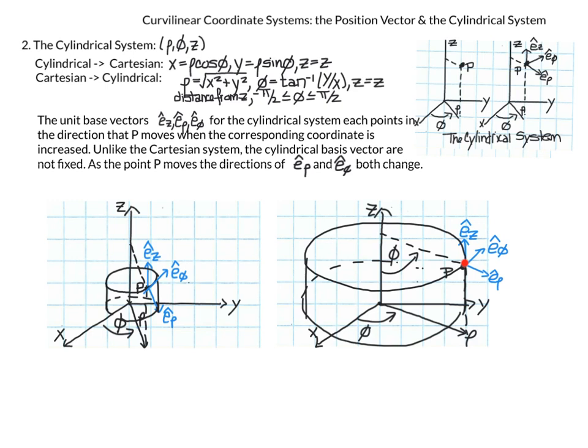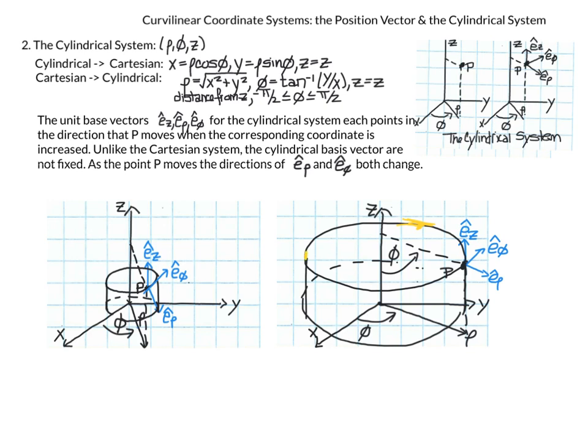So when we're out here at P, the basis vector for phi is in the direction that we're going over here. If our point is over here, then our phi is going to point perpendicular this way, because this is the direction that we go if we're increasing phi.